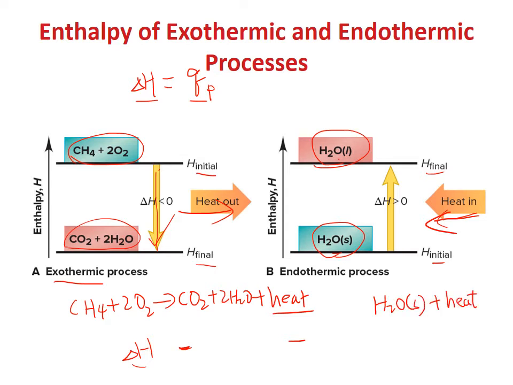When the system absorbs heat, we can write it as a reactant to form liquid water. So this process absorbs heat, and therefore the enthalpy increases. Delta H is positive. So when heat is absorbed, heat is positive, and the enthalpy change is also positive.